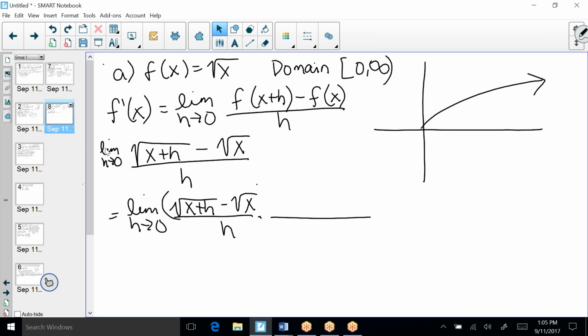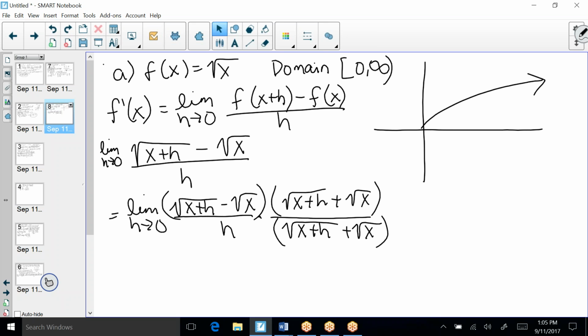What's the conjugate of that? So the conjugate, instead of having subtraction, we're going to have addition. So it's going to be the same thing, but we're going to multiply by the square root of x plus h plus the square root of x. Okay. That's what the conjugate is going to be. So if we multiply the numerator by that, we have to multiply the denominator by that as well.